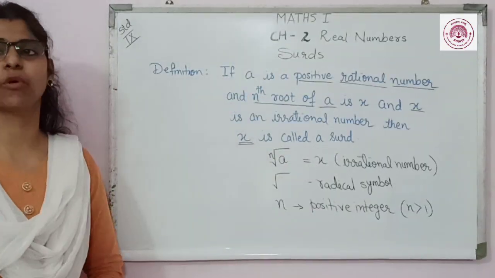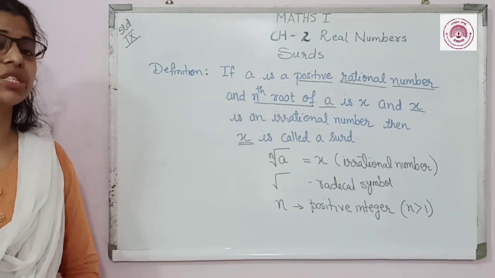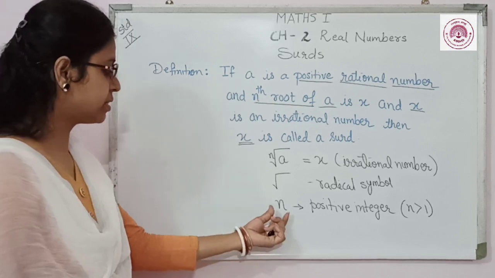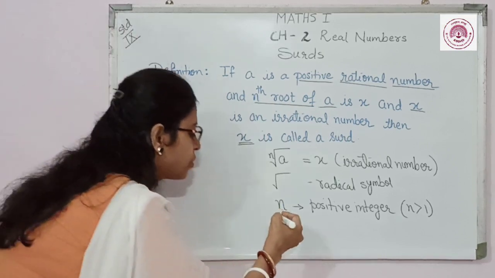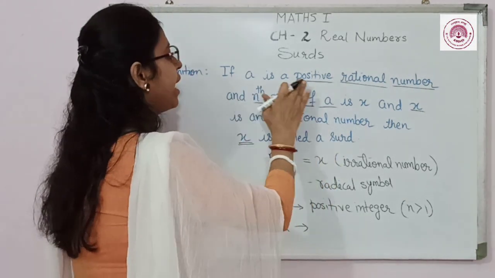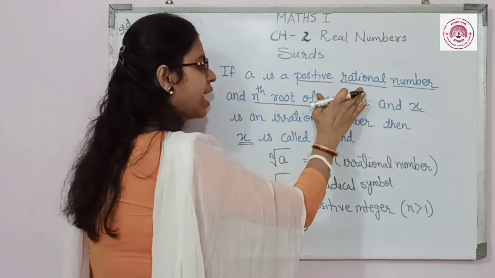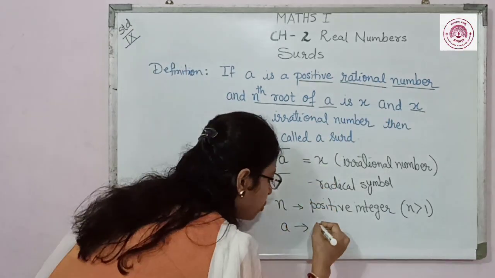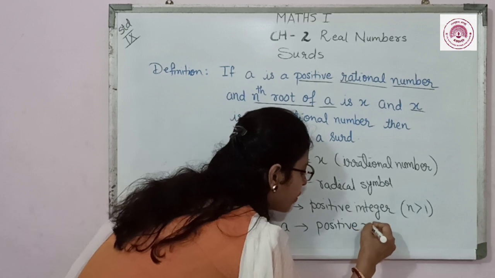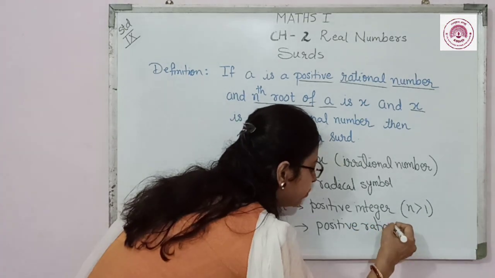It should be a positive integer, but its value should be greater than 1. So this is the condition for n. How should a be? We have already seen, a should be a positive rational number.